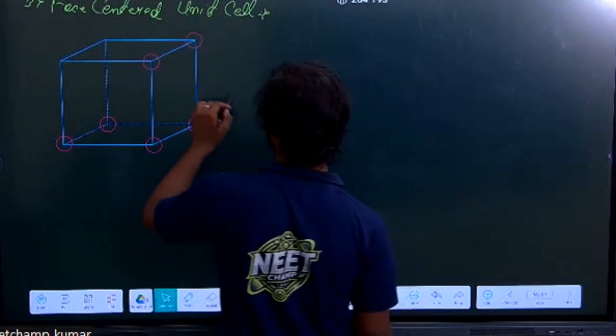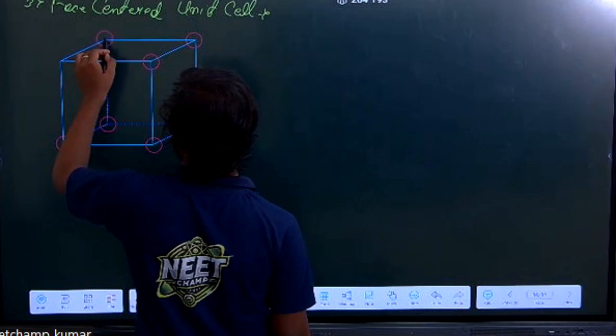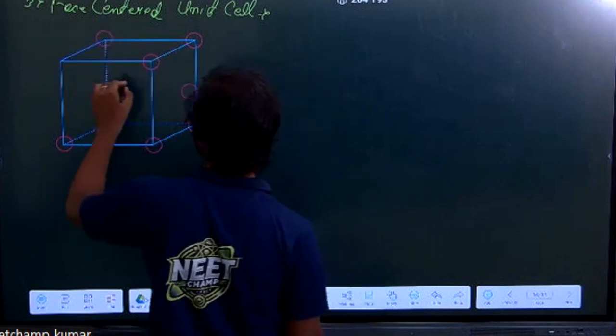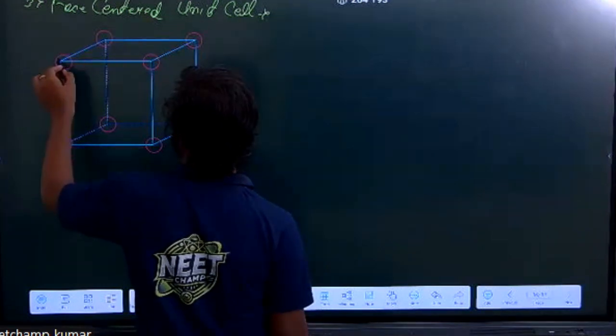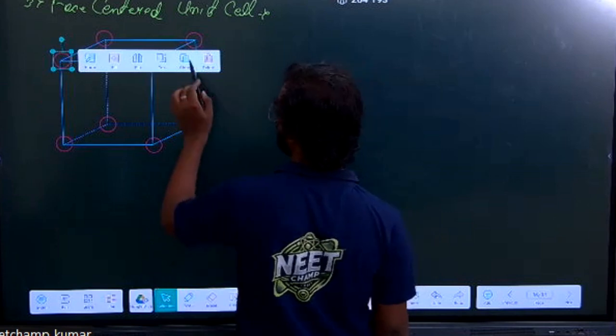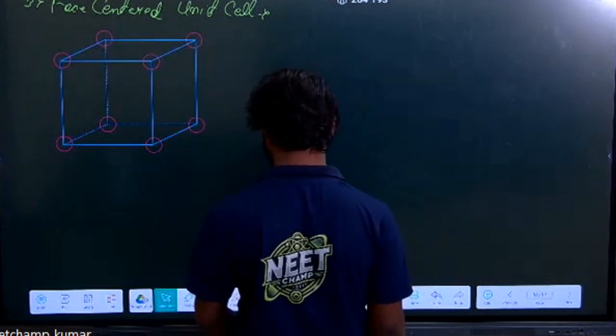Corner atoms will be there as they were present earlier also. There is no change. But what is the difference? Okay, let us talk about the difference.